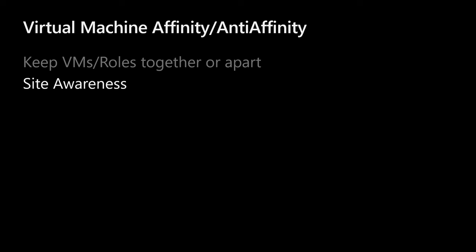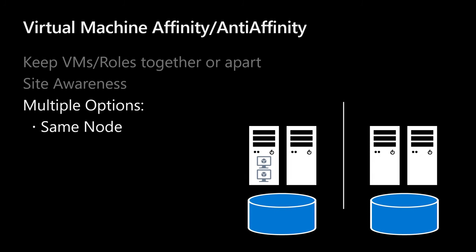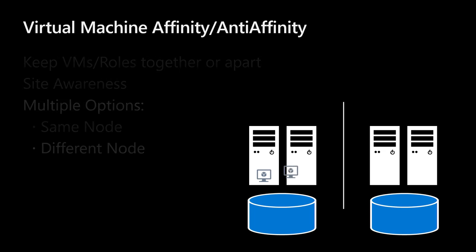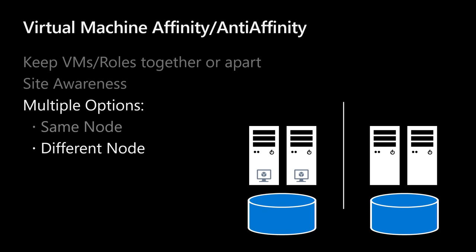It's all site aware now. So I got multiple options. I can keep my VMs on the same node if I want to. I can keep them on different nodes, and that could be anywhere. Different node, it could be over here, it could be over here. They've just got to be on different nodes.